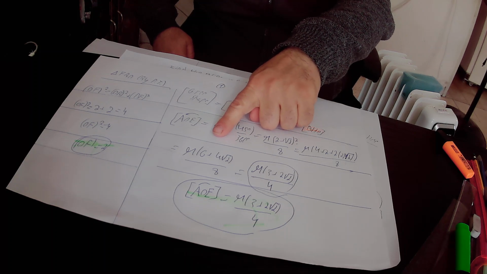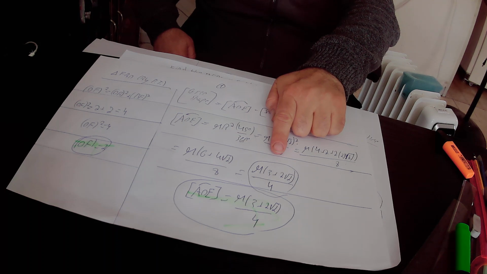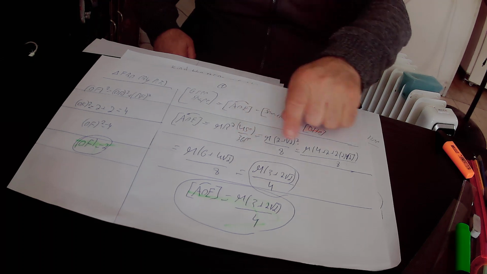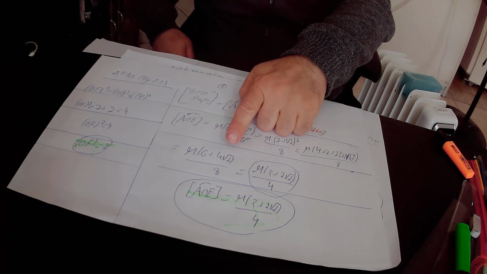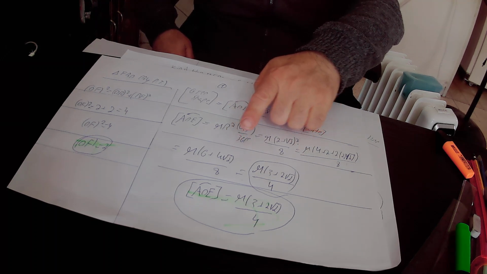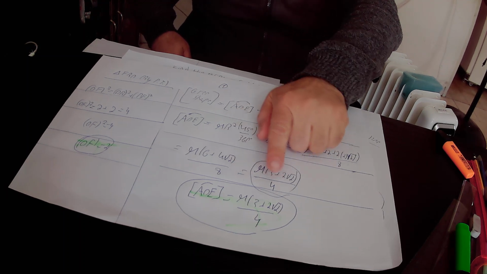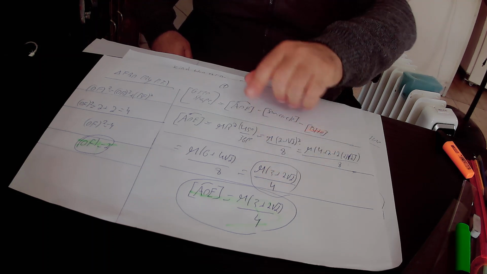After we divide by 2, we get pi, and inside the brackets we have 6 over 2 is 3, and 4 times square root of 2 over 2 is 2 times square root of 2, and we have to divide the denominator 8 also by 2, so 8 over 2 is 4. So in conclusion, we found out that the area of the big sector AOE equals pi times (3 plus 2 times square root of 2) over 4 square units.